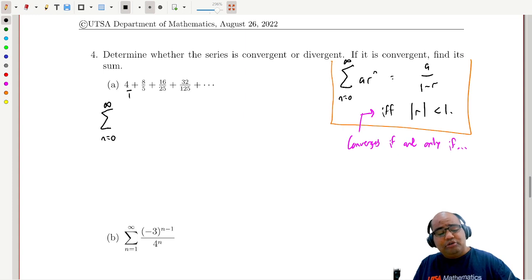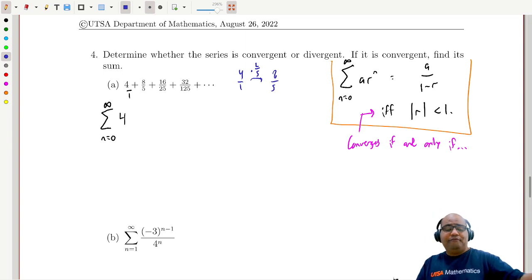So indexing this from 0, we start at 4. And what's my common ratio? Well, notice that from 4 over 1 to 8 over 5, I have to multiply by 2 over 5.